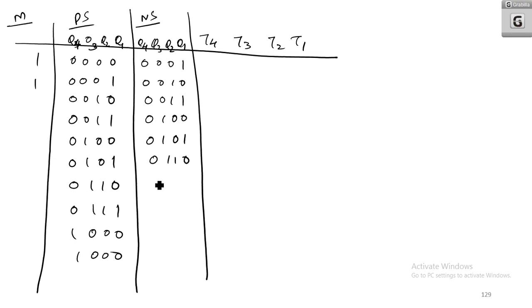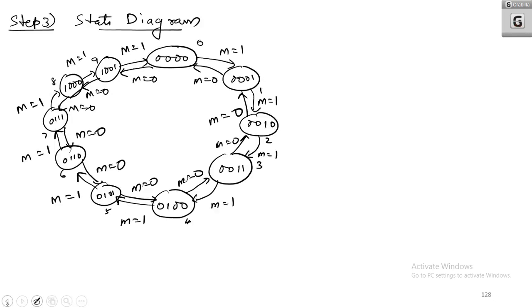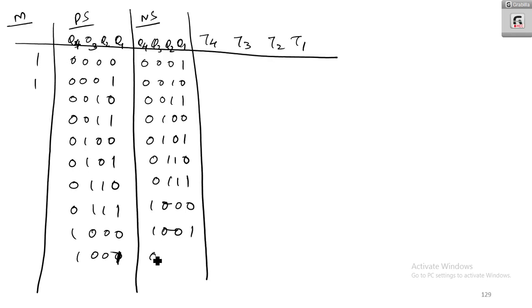Then 7, then 8 is 1, 0, 0, 0. Here you will get 9, that is 1, 0, 0, 1. If it is 9, it should go back to 0, 0, 0, 0. In all these cases, M is 1.